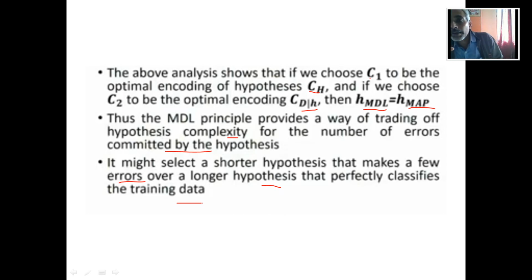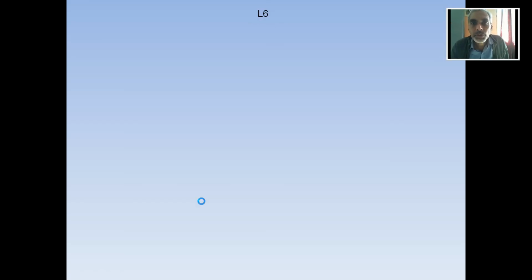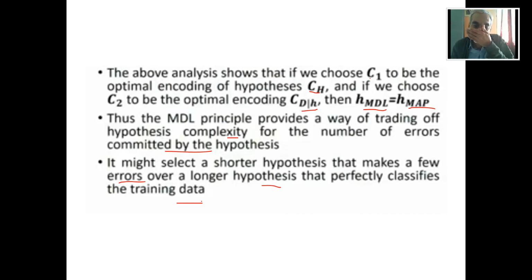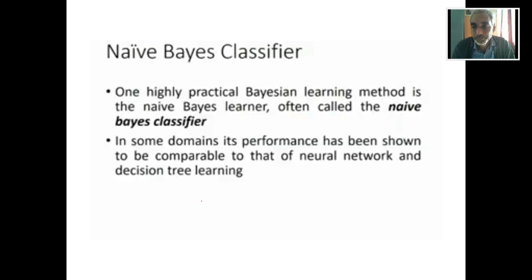If you are okay with such a learning system where little error is acceptable, then it is always better for us to look for a simple hypothesis rather than a very complicated hypothesis. Right. So this is the concept we have discussed, that is the minimum description length concept.